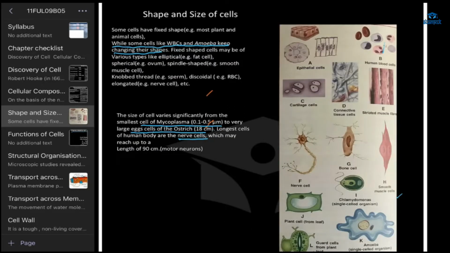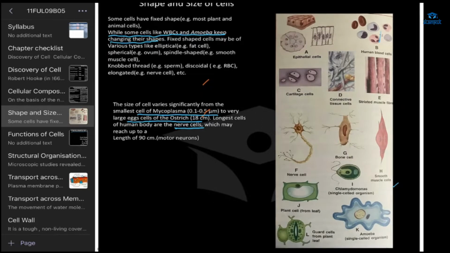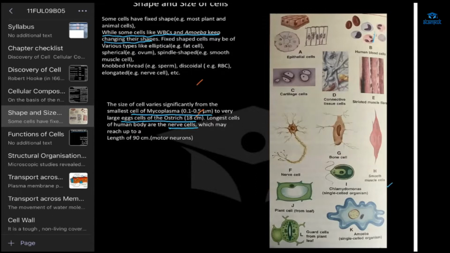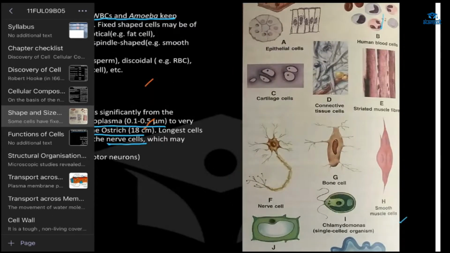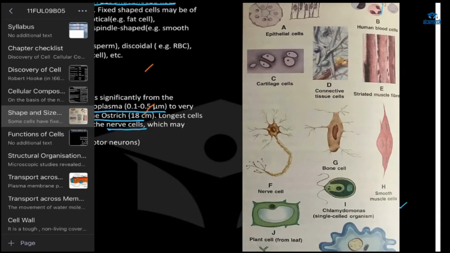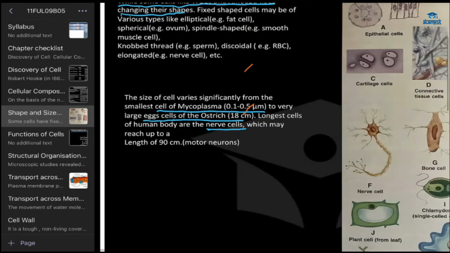The size of the cell also varies. Mycoplasma is 0.1 to 0.5 μm, and the ostrich egg is the largest cell, 18 centimeters. The longest cell of the human body is the nerve cell. Ma'am, nerve cell is the longest one, right? Yeah. What was the largest one again? The largest is the egg cell, the ostrich egg.